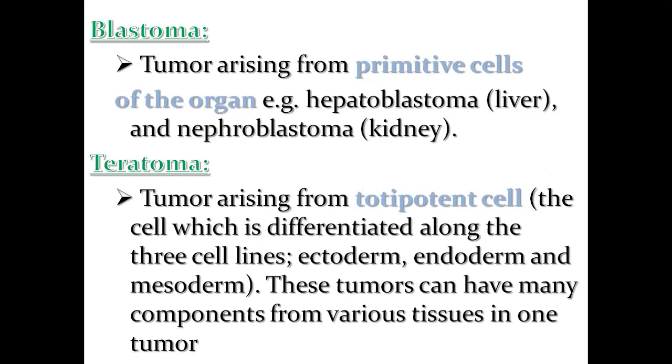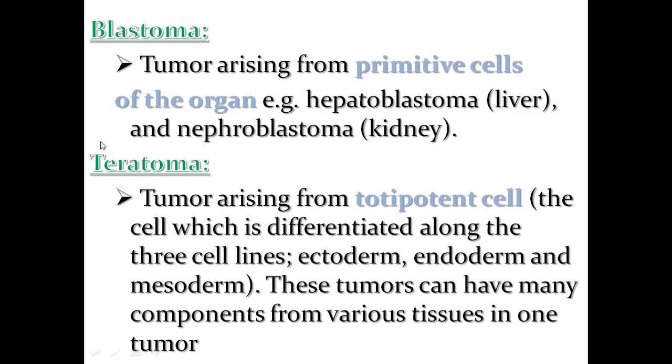But these totipotent cells, when divided, differentiate to tissues. So in this case, the totipotent cell tumor will have different types of tissue. Like we may have a tumor that has skin and pancreas and brain tissue and cartilage or bone, all in a single mass. Okay, so we call this one teratoma.